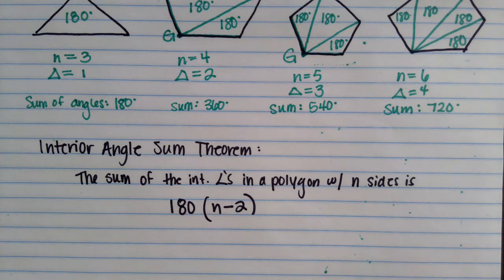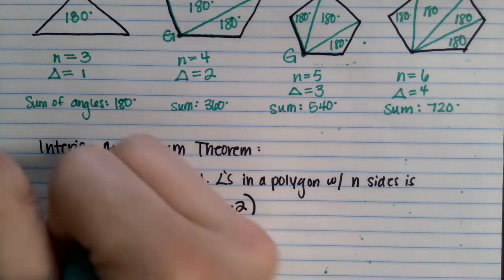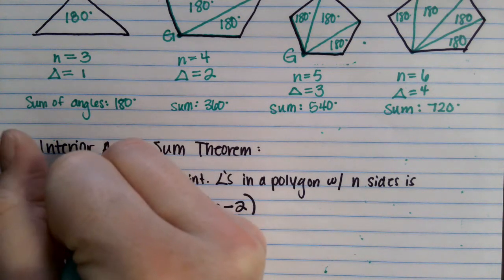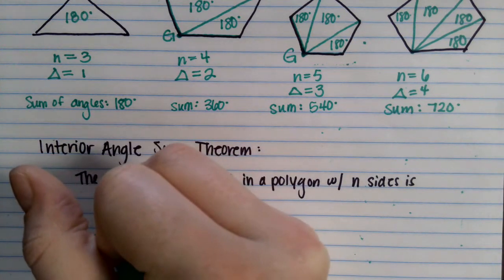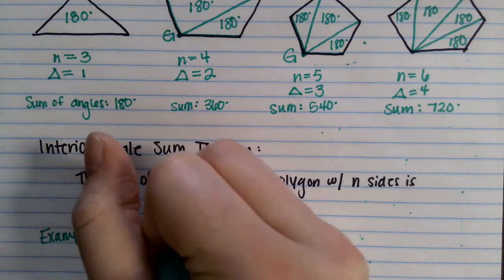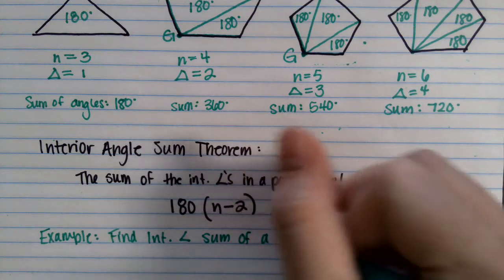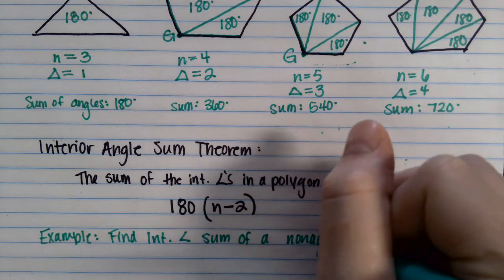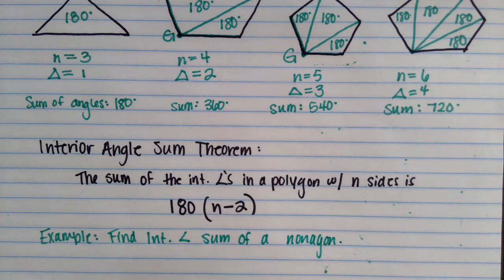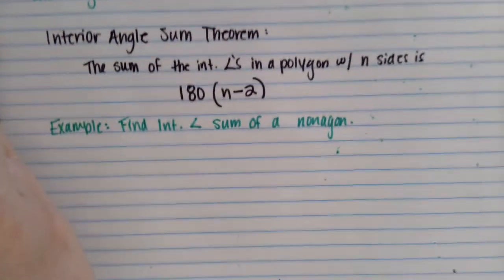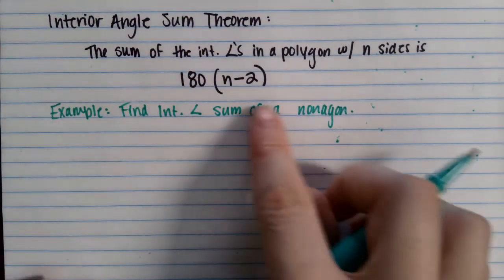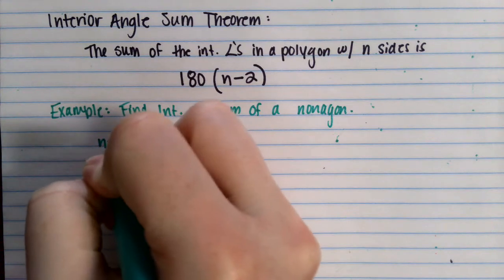And so let's do an example where we want to find the interior angle sum of a nonagon. Remember, a nonagon has 9 sides, so n equals 9.